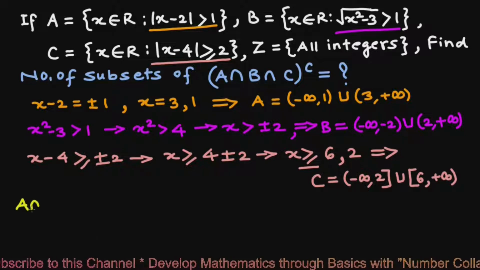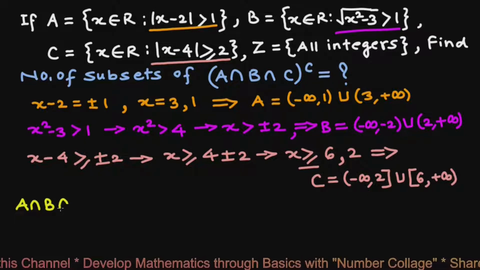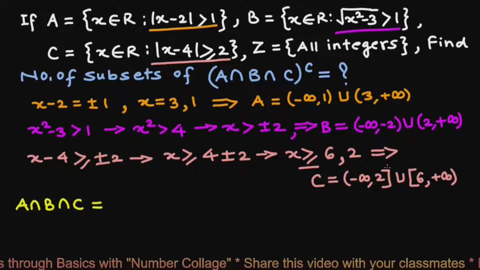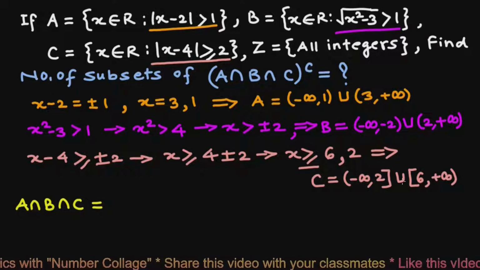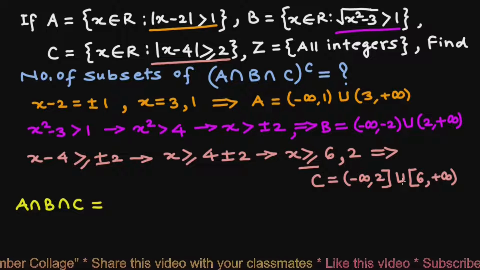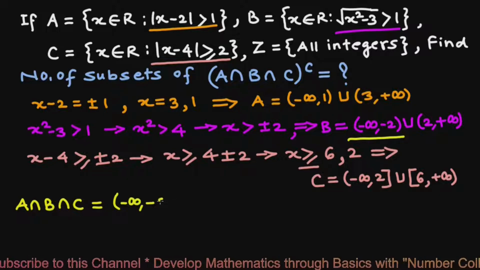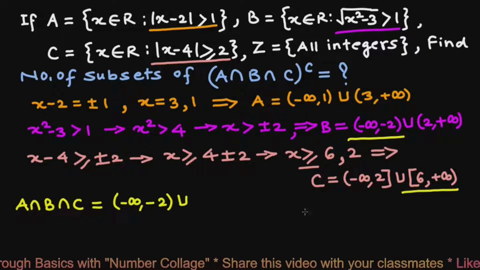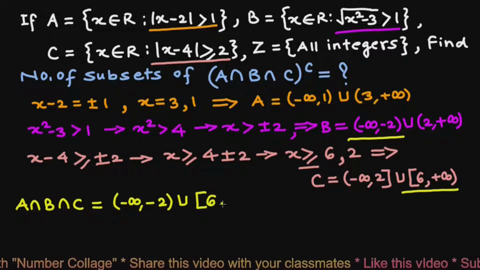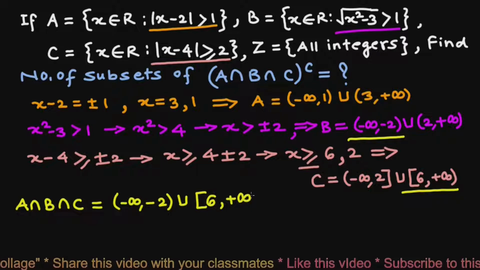Now A intersection B intersection C will be the common to all these three sets, and those numbers will be this open interval minus infinity to minus 2 union this closed interval 6 to open interval plus infinity.